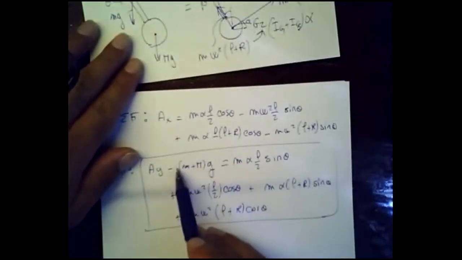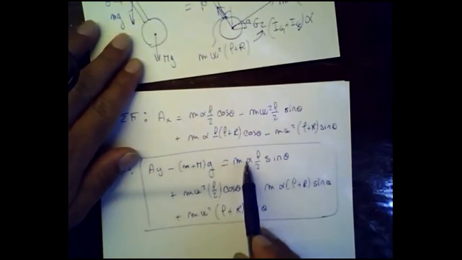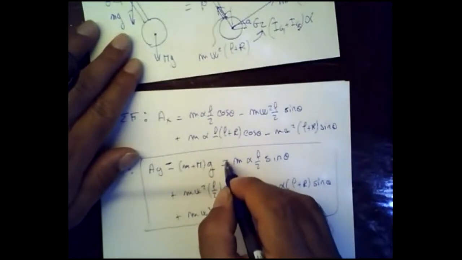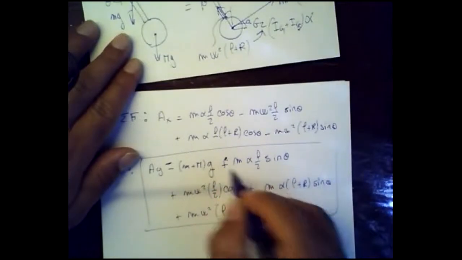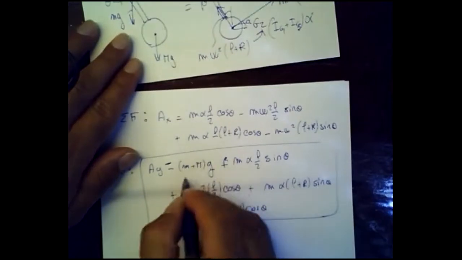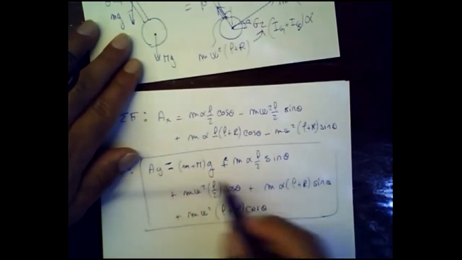So the vertical component will obviously increase if the weight increases. If you put these guys over here, then they would be plus, right? So I can do this equal, and this guy's going to be plus. I just moved M plus big M to the other side. If I increase one of the masses, AY will increase, which makes sense.